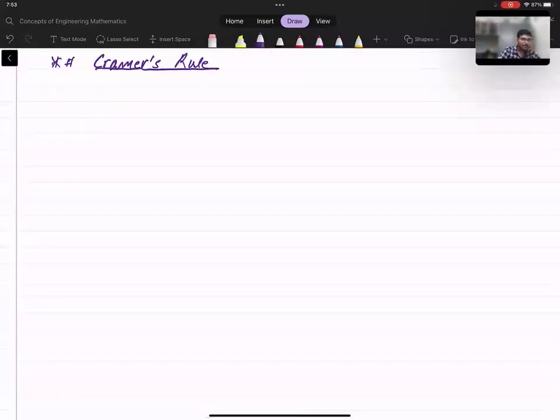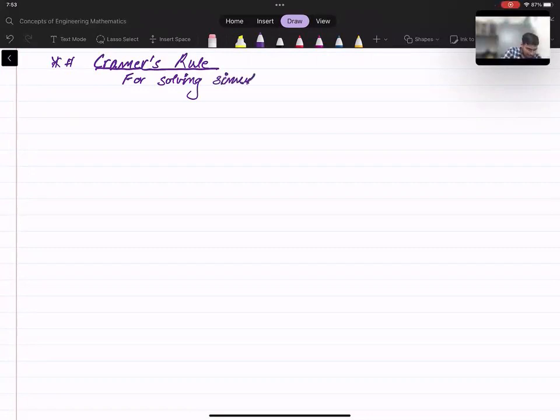So this rule is for solving simultaneous equations. How is it used and implemented? Let us say we have a system of equations with three variables.